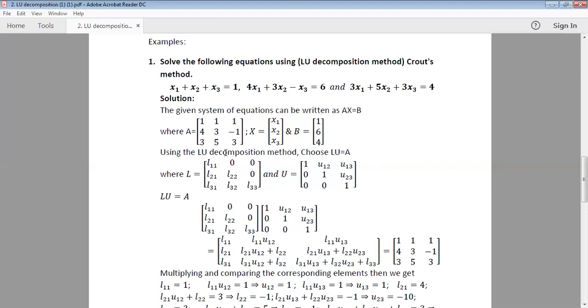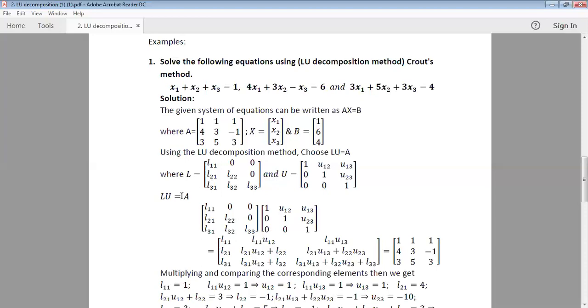Now decompose A as LU, right? Write A as the product of a lower triangular matrix and an upper triangular matrix, where L equals L11 0 0, L21 L22 0, L31 L32 L33, and U equals 1 U12 U13, 0 1 U23, 0 0 1, because here we are using Crout's method.